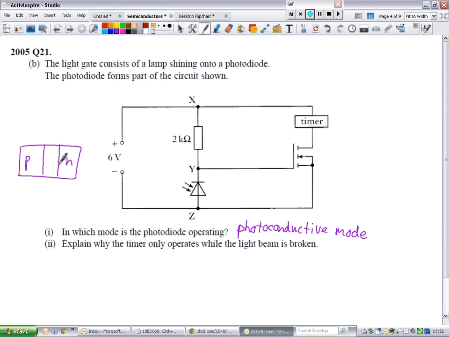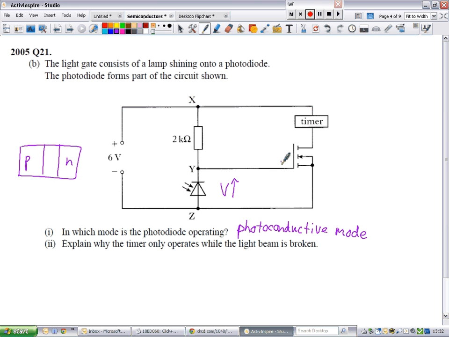Because there's no conduction, the voltage across this part goes up, because you can think of it as resistance becoming a maximum value. So the voltage goes up above the 2 volts that is required to switch on this MOSFET, and that causes the timer to operate.